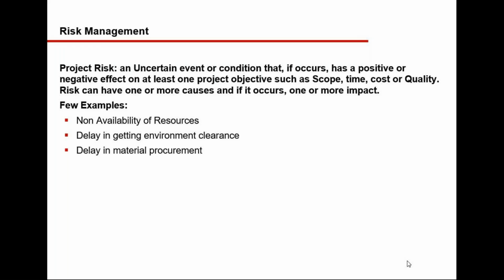Risk can have one or more causes, and if it occurs, one or more impacts. Some examples are non-availability of resources, delay in getting environmental clearance, material procurement delays, right? It can be positive or negative, and it will have an impact on a minimum of one of the project objectives, or it can be more.